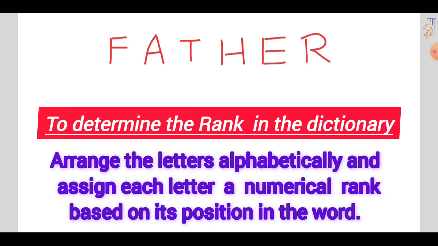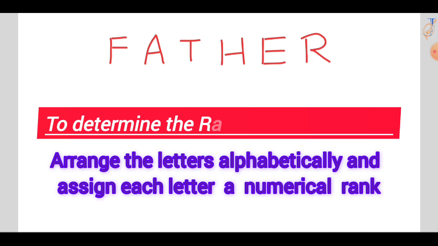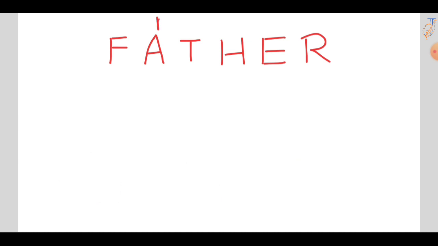We first arrange the letters alphabetically and assign each letter a numerical rank. A comes first, give it number 1. E comes second. Then F is number 3, followed by H, R, and T as 6. Now, starting with F, you have to look to the right.